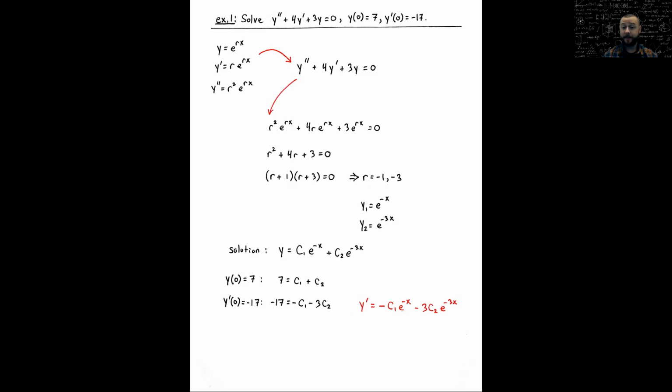By itself, that cannot be solved for c1 or c2. That is two unknowns. We need a second equation, and that's where the derivative initial condition comes in.